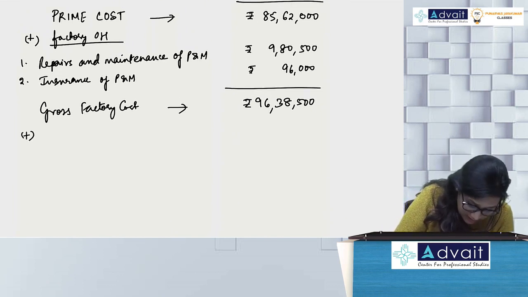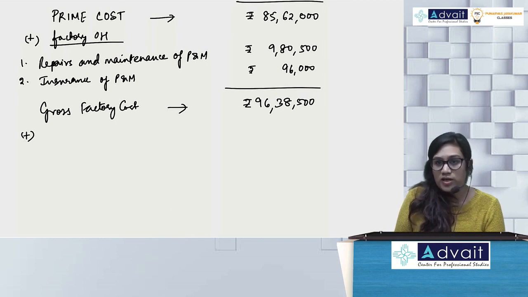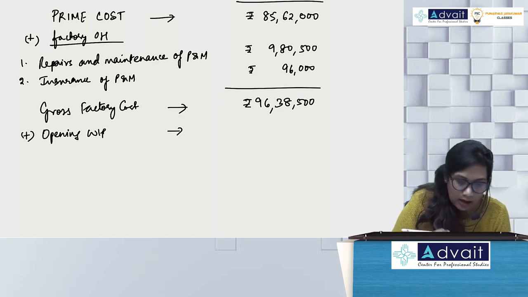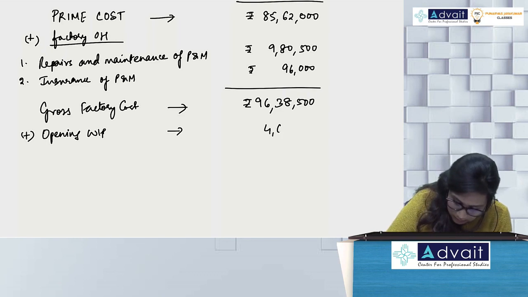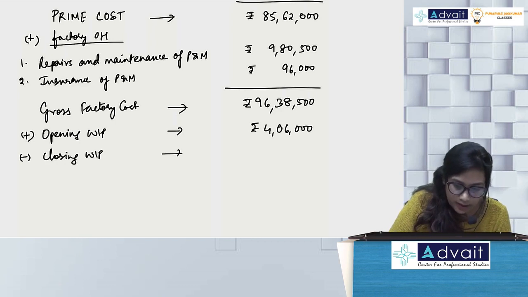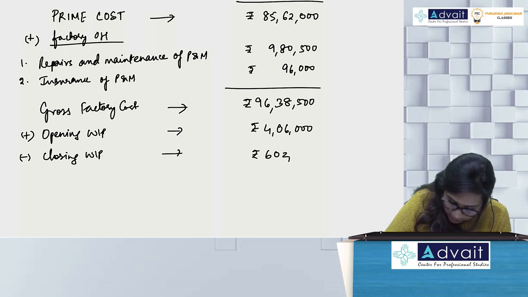Now to this, I will make adjustments of my opening and closing WIP. So what do? Add opening work in progress. How much was the opening work in progress? 4,06,000, and I deduct my closing work in progress, which is 6,02,100.